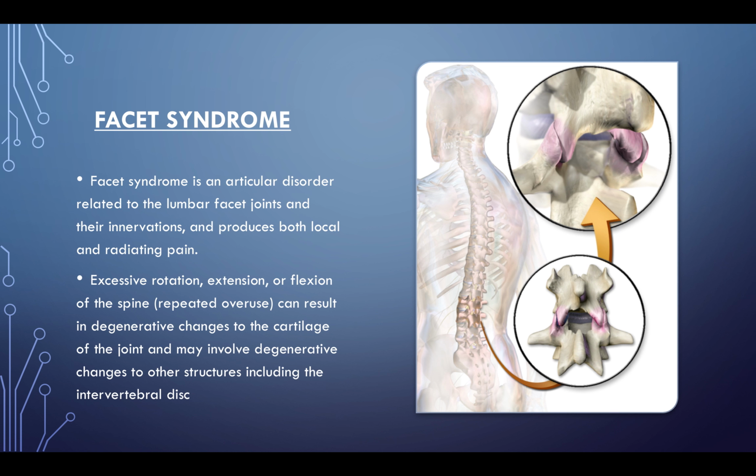I just like this little picture here, but basically you're seeing an inflamed facet joint. And we have to remember these guys have tiny little padding, and when there are major pains there, sometimes they may need medical intervention.